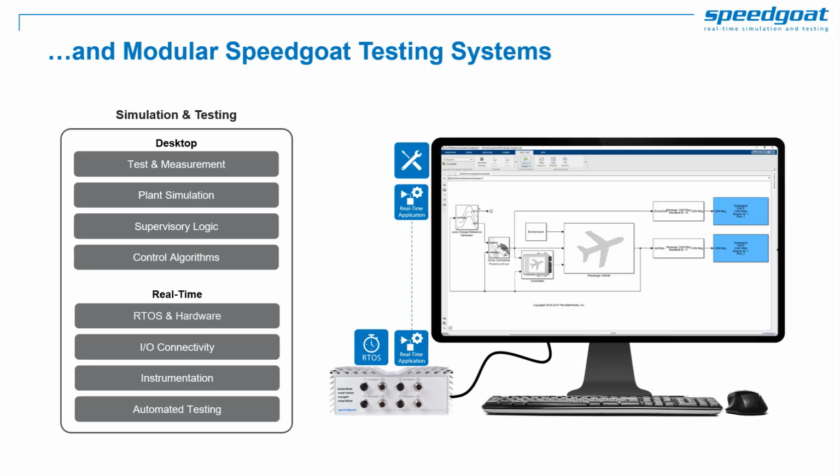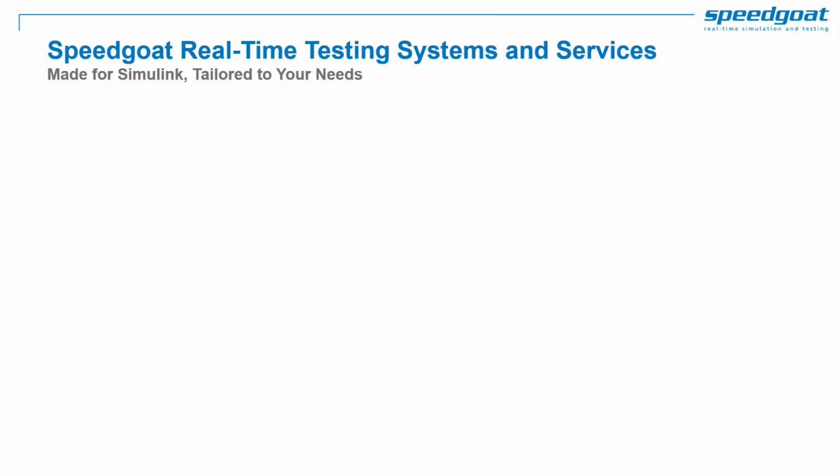The second component is the scalable Speedgoat real-time target computer equipped with input-output modules, short I/O. The real-time application created from your Simulink model runs on it together with the Simulink real-time operating system. Let's now look at the products and services from Speedgoat to understand better what a real-time system is comprised of.